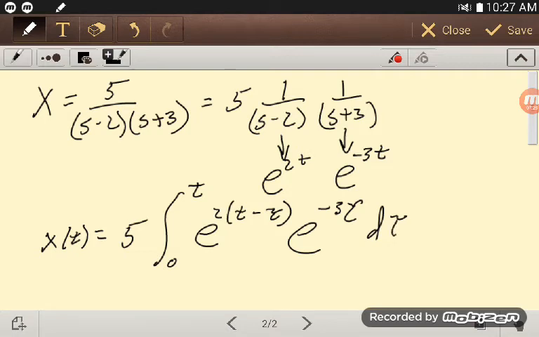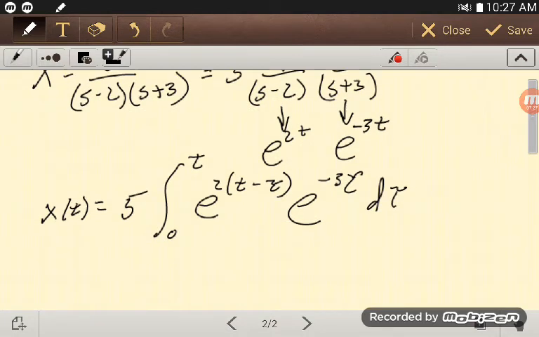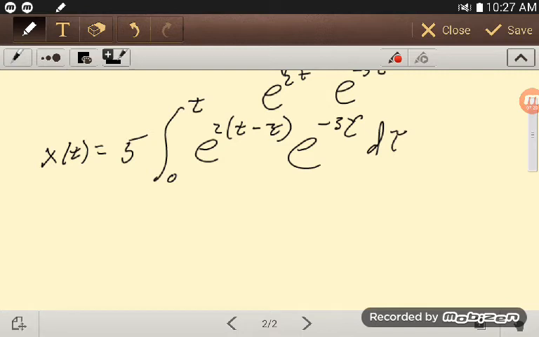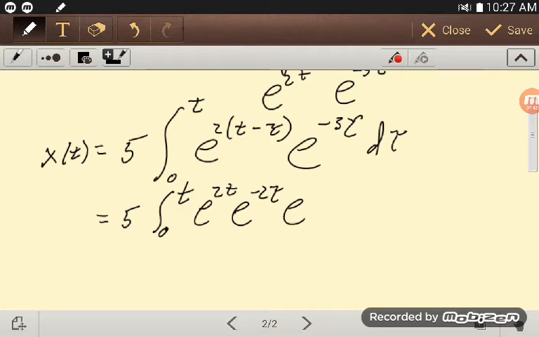So there's our answer. Now, in this particular case, I can do this integral. This is 5, integral from 0 to t, e to the 2t, e to the minus 2 tau, e to the minus 3 tau d tau.